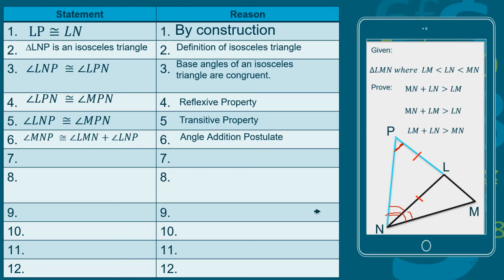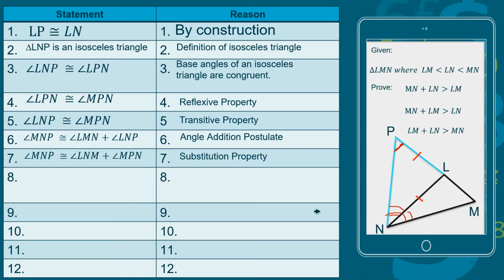Okay, the next, using statement number 5 and number 6. Okay, so let's just combine number 5 and number 6. So our statement will be the measure of angle MNP equals the measure of angle LNM plus the measure of angle MPN. So the reason behind that is substitution property.